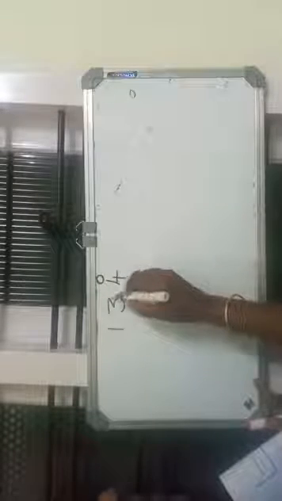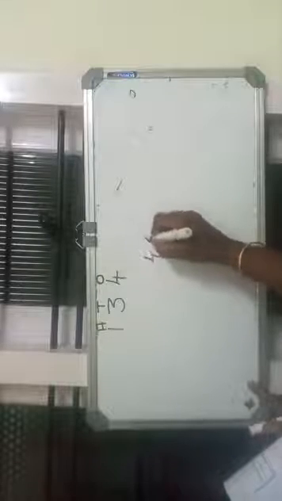Look at the board, all of you. Next given number is 134. In this, here we will write ones, and here we will write tens, and here we will write 100.